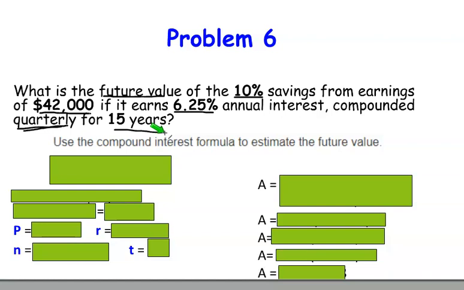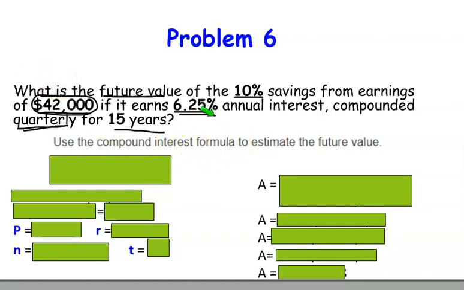When we reviewed this, the problem we used was the future value of the amount that she was saving per paycheck. Look at this, it was like a $380 weekly paycheck. We are calculating the future value of 10% savings on $42,000 over 15 years, and I think this is a higher interest rate than we used in the lesson. So our answer is going to be much larger than the answer we came up with.